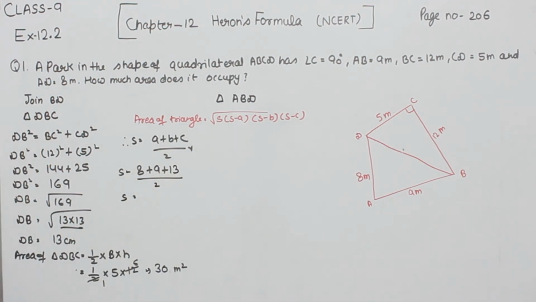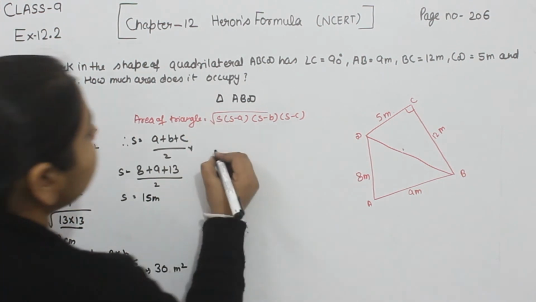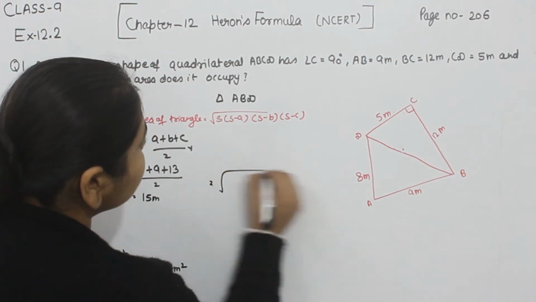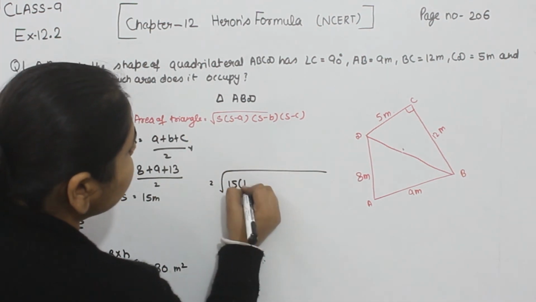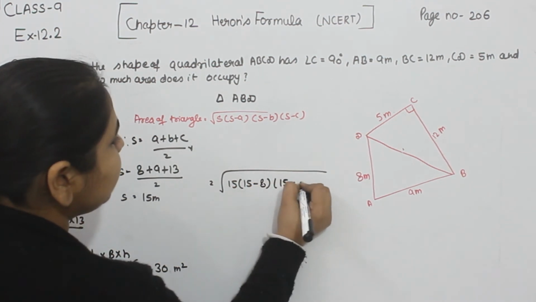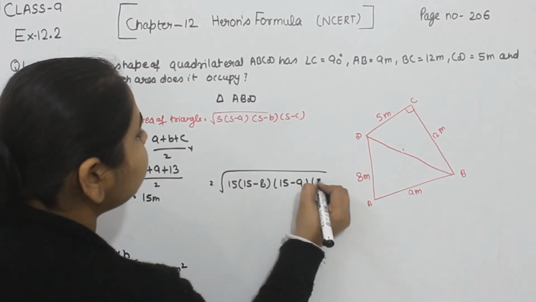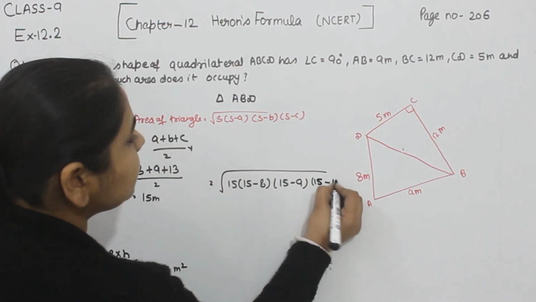So the value of S we have is 15 meter. Now we'll put this in the formula. So 15 minus 8, 15 minus 9, and 15 minus 13.